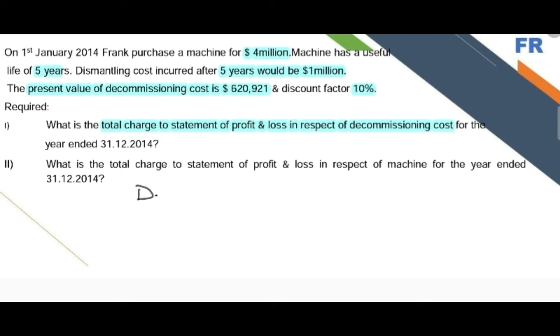First, as the decommissioning cost should be capitalized, such cost would also be depreciated over the period of 5 years. So that depreciation cost in respect of decommissioning cost should be recorded in the statement of profit and loss.